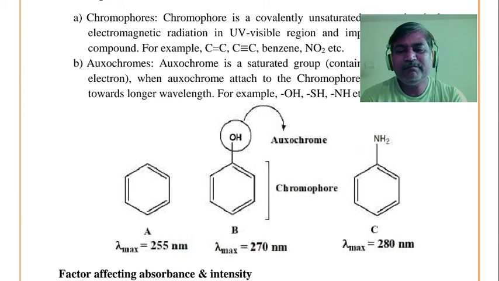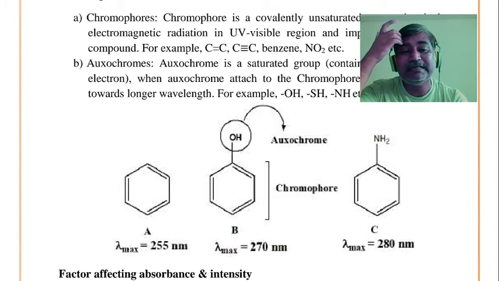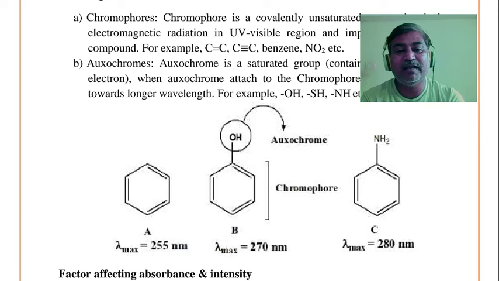To this benzene, whenever an OH group is attached, the OH group is acting as the auxochrome. Whenever the OH group is attached, the lambda max value shifts from 255 towards 270 nanometers. This is which type of shift now? This is bathochromic shift. So the function of an auxochrome is to increase the lambda max value.